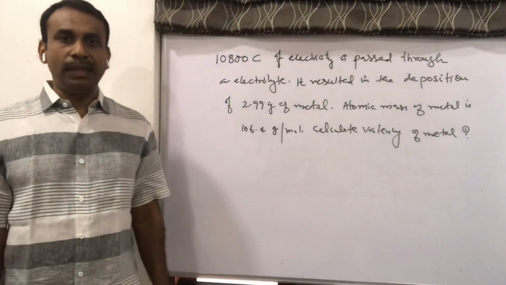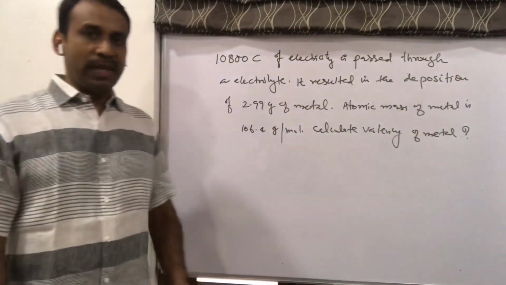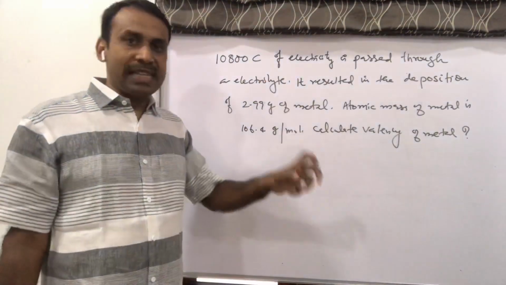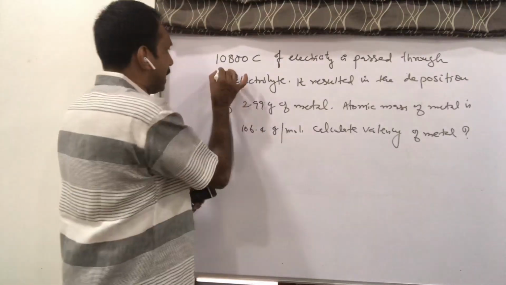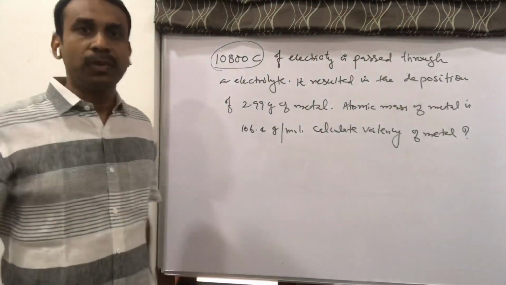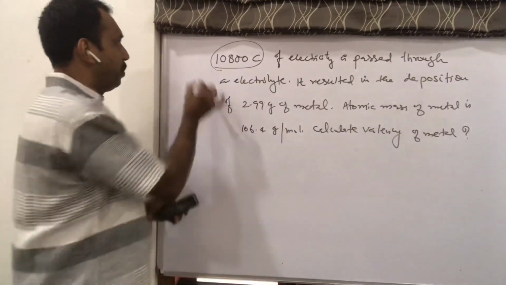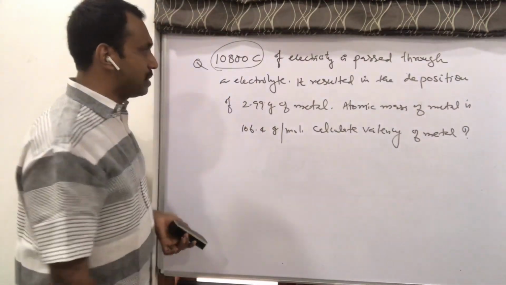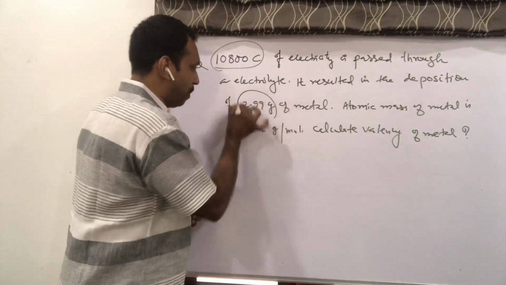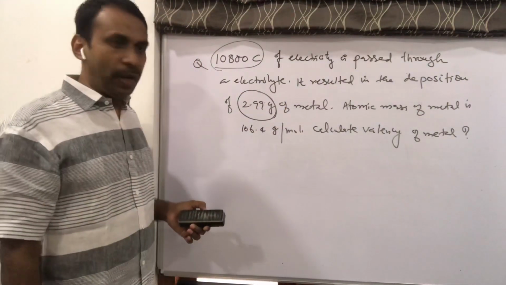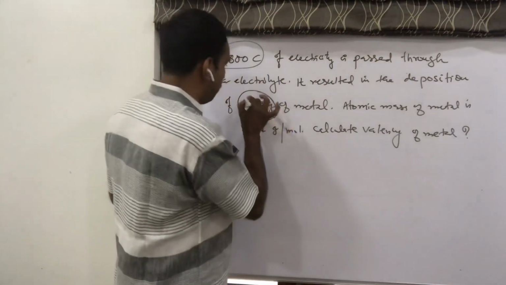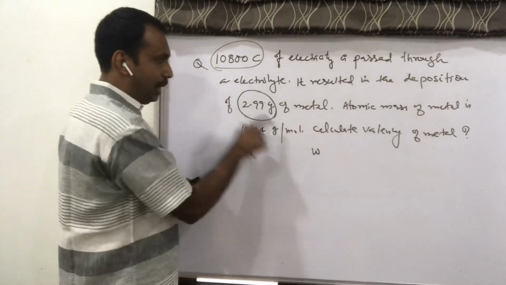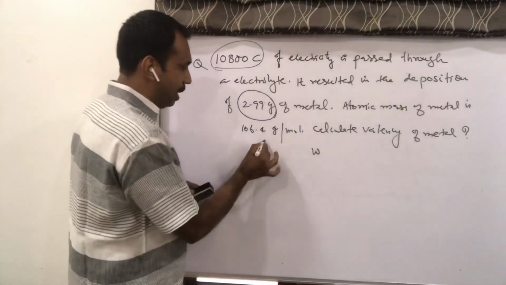Students, how can we solve this problem? Certain data are given in the problem. 10,800 coulomb; coulomb means charge, so we get the value of Q. Then, resulted in the deposition of 2.99, mass deposited means W. Q given, W given, and atomic mass M is also given.